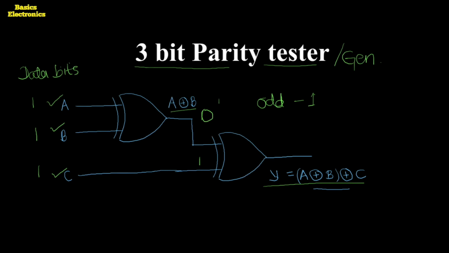Okay, so here we get the high output. This is what we call a 3-bit parity tester or 3-bit parity generator.